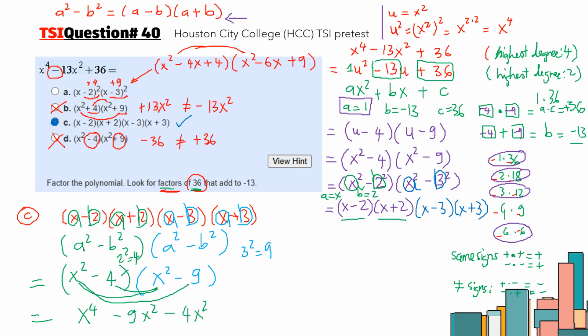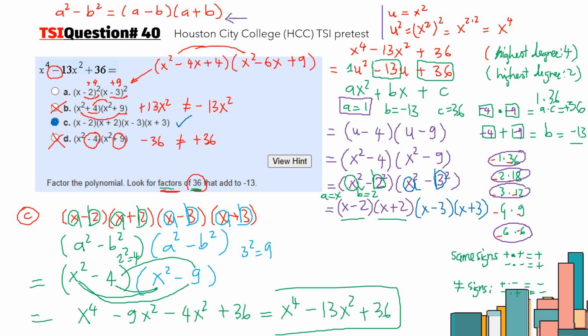And then negative 4 times negative 9 is positive 36. I simplify it, I have x to the power 4 minus 13x squared plus 36. Then I'm done, because this one is the given. So after I rewrite it, I know this choice C is the same thing as the given expression, so I will choose C as the right answer.